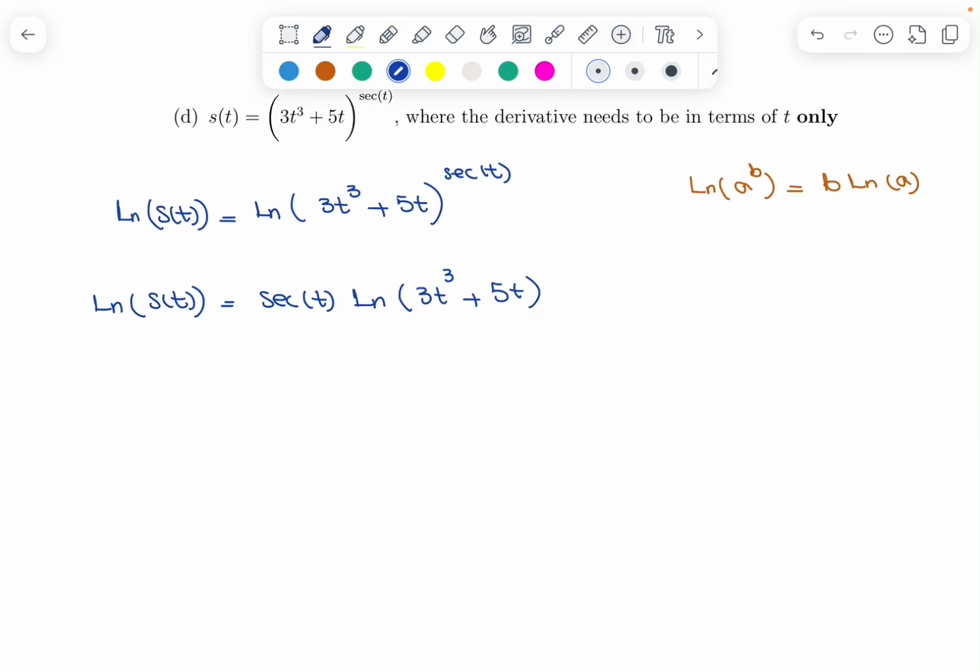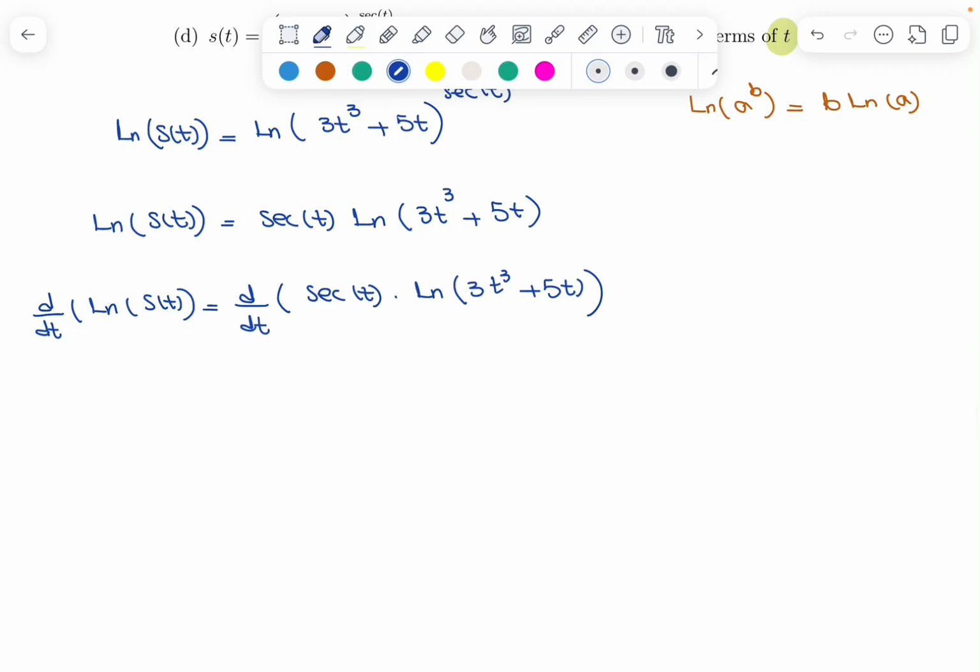Now in this step, you must take the derivative with respect to t, because the variable in this case is t. With respect to t from both sides. So, d/dt of ln of s of t would be equal to d/dt of secant of t times ln of 3t cubed plus 5t.